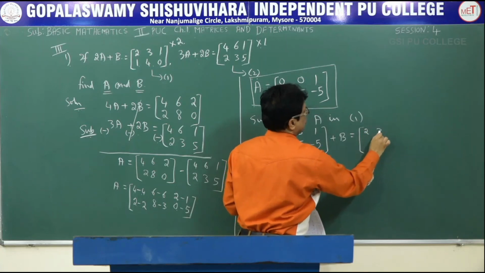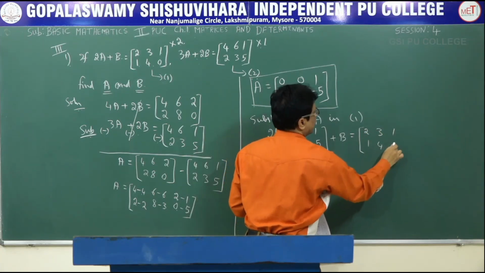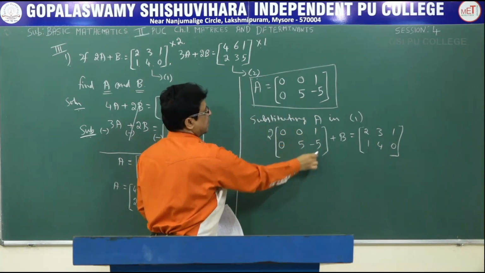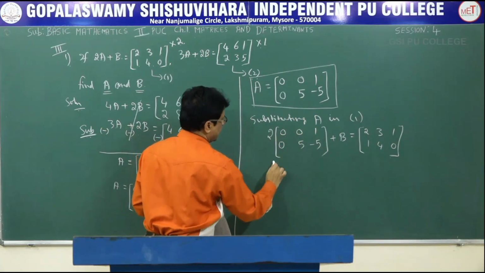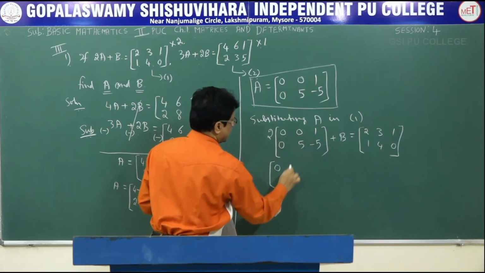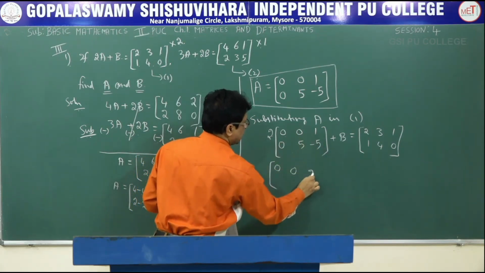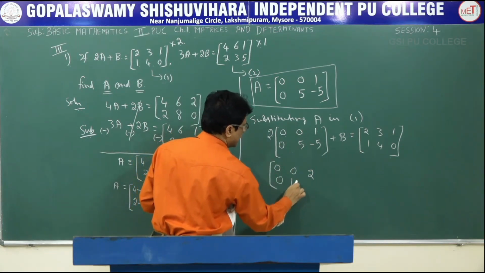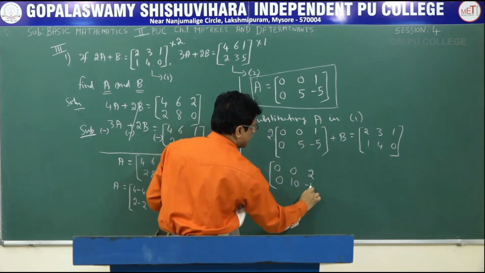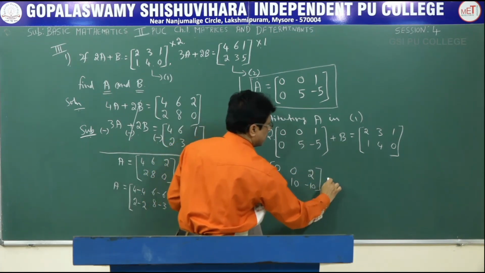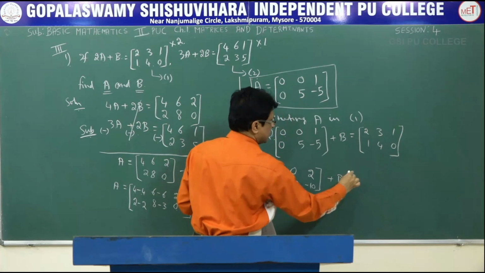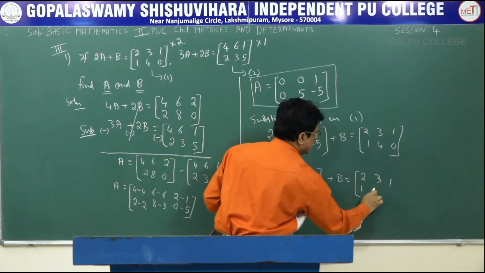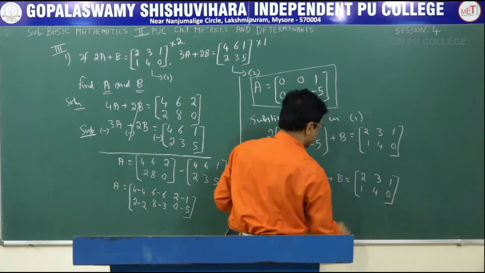So first we shall multiply all the elements of this matrix by 2. So 2 into 0 is 0, 2 into 0 is 0, 2 into 1 is 2, 2 into 0 is 0, 2 into 5 is 10, 2 into minus 5 is minus 10, plus B equals [2, 3, 1; 1, 4, 0].